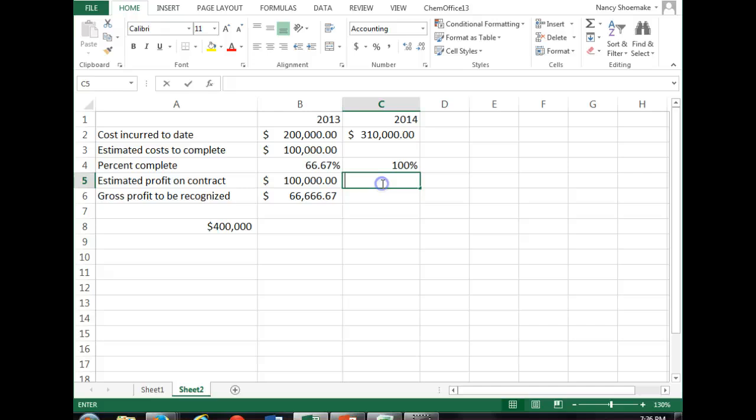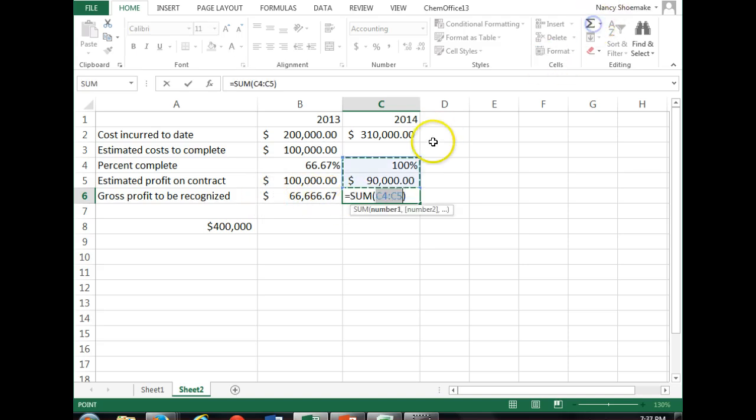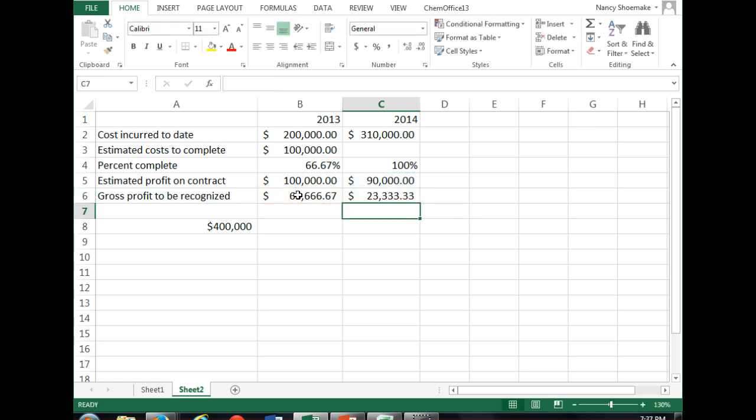Our real estimated profit now is going to be the difference: 400,000 minus 310,000 is 90,000 left, right? So how much gross profit to be recognized? Now, if we recognize 66,000 in the first period, won't we take this minus this to come up with what we're going to recognize in the next period? Yes? No?